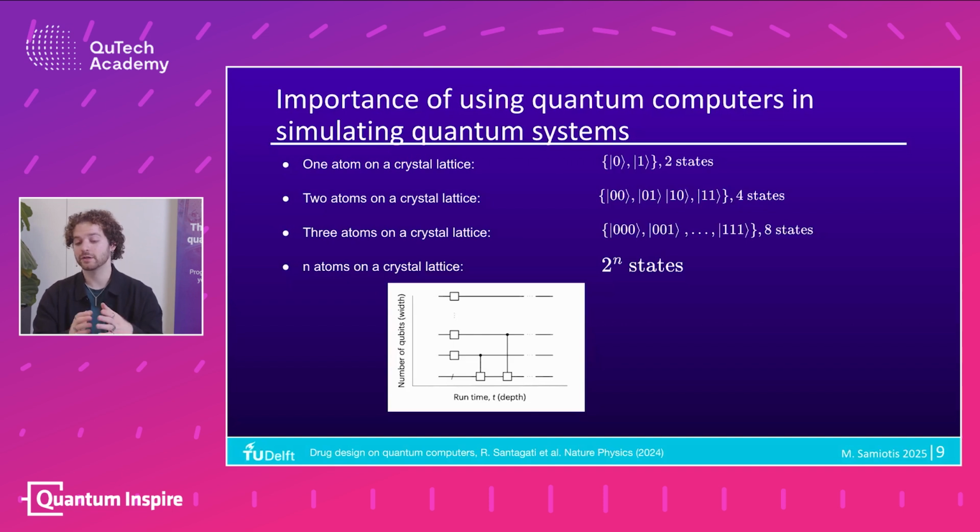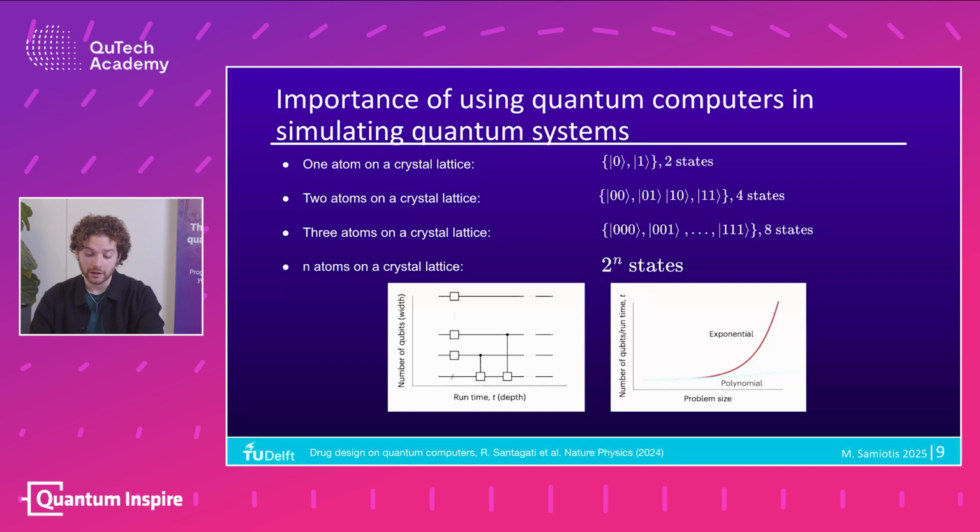So that breaks down into more operations, which costs more runtime, and therefore noise takes over after a while. So of course, what we're interested in when we're talking about quantum advantage here is really having a polynomial increase of the number of qubits and the runtime as the problem size increases.